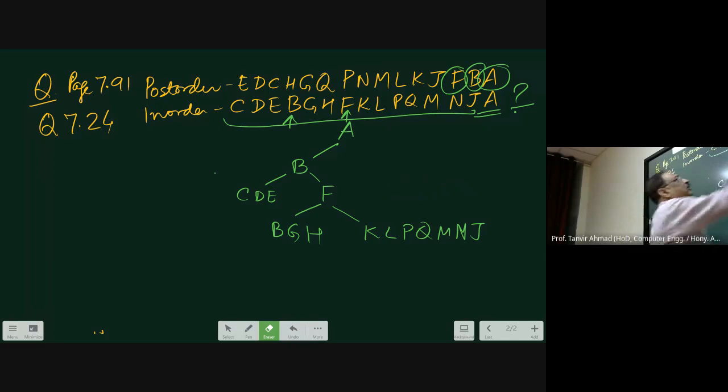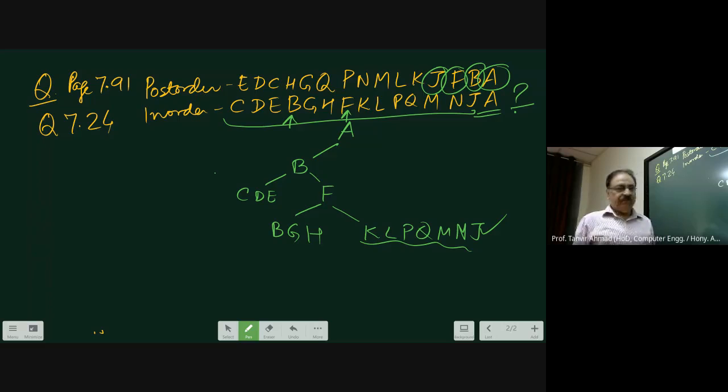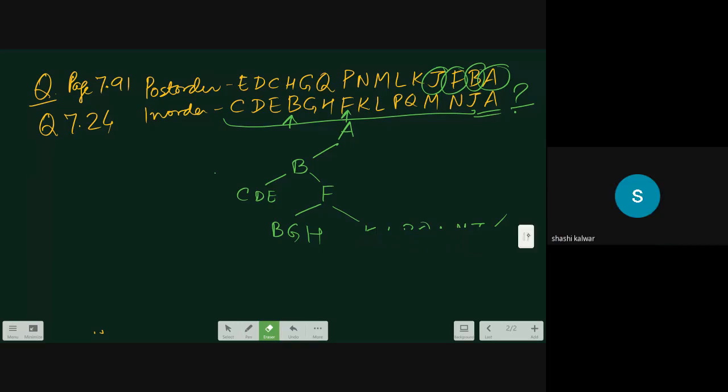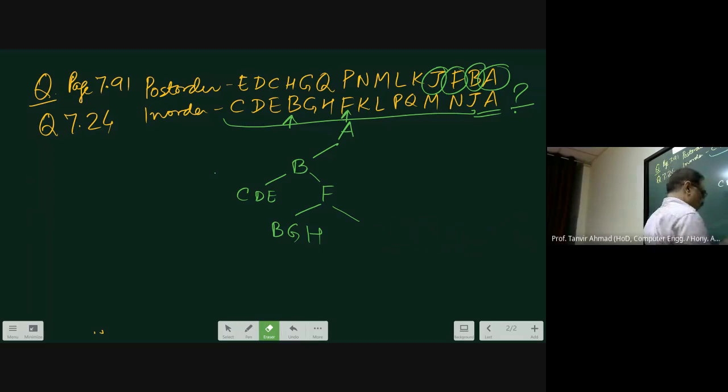Now you see J. That means out of this, J is the root. Then what I will do, I will just make this as the B. And then I will check J over here.